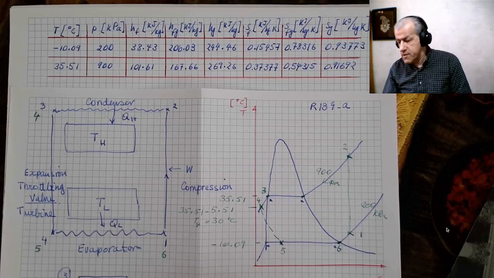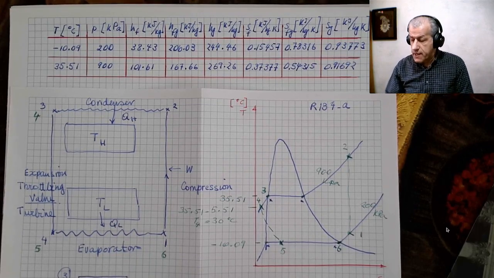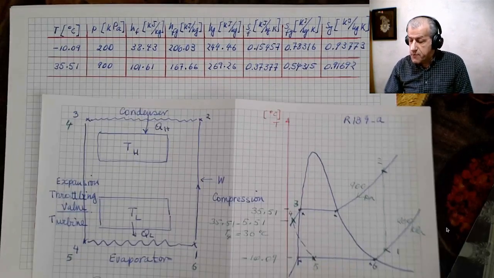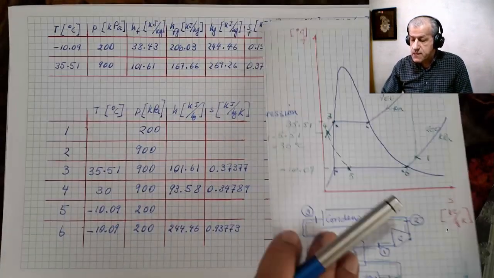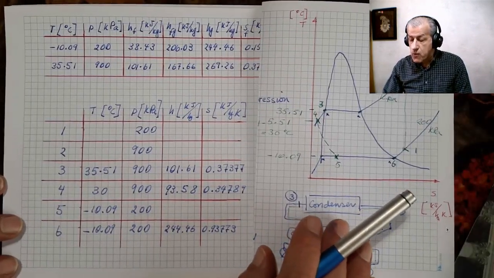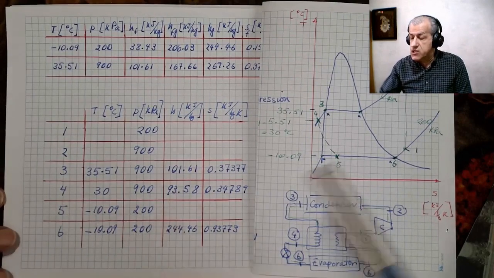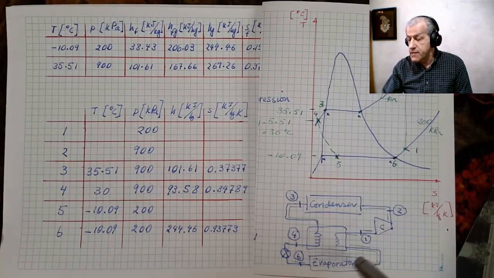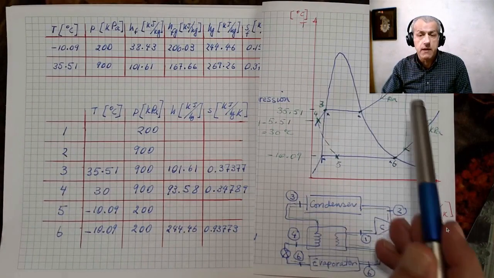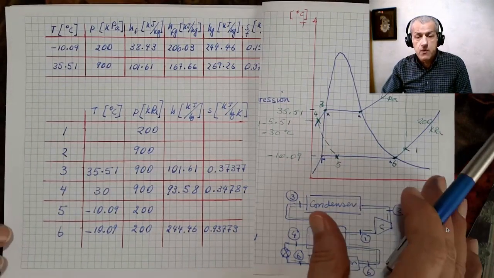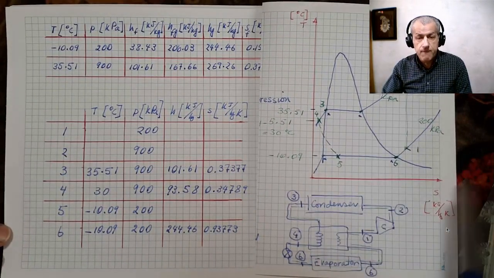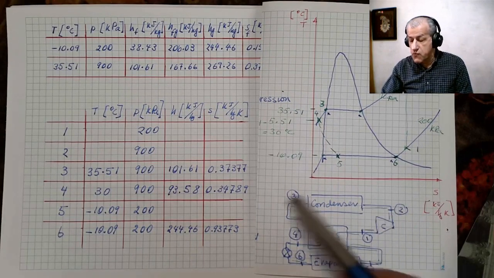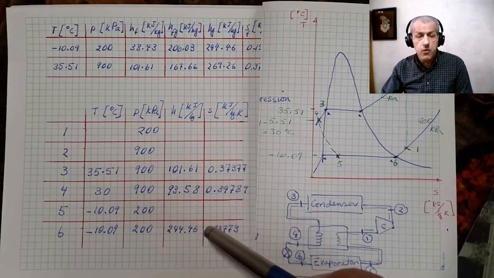Then we attempted to fill in a table which was basically telling us what the properties at each point in our cycle, whether we look at it in this diagram or in this diagram, would have. And we managed to fill in quite a number of points.